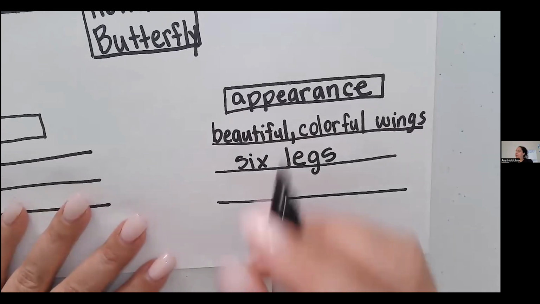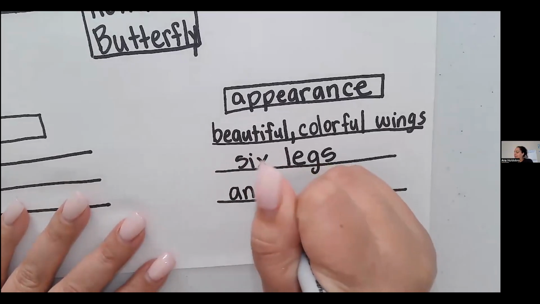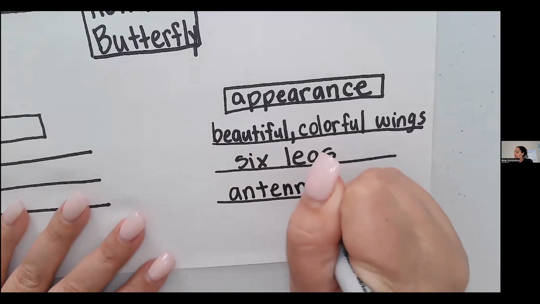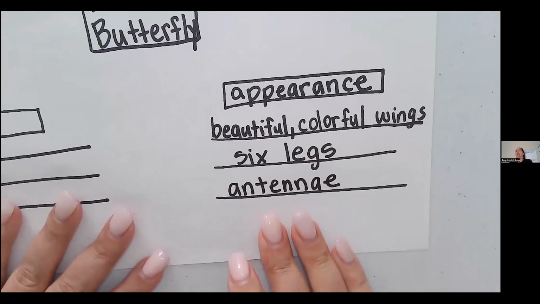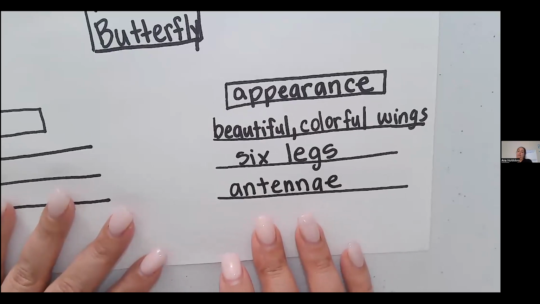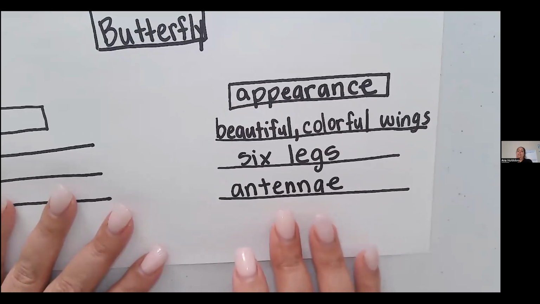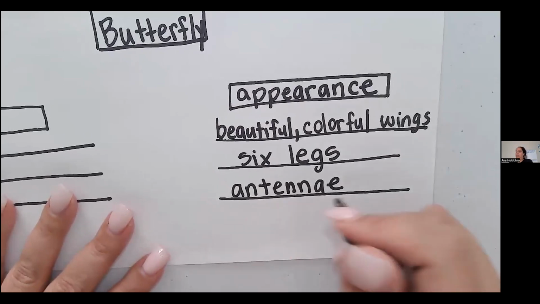And the last thing I put were antenna. I had to look this up because of the spelling, because it sounds like antenna. Like when I was young, a long time ago, we had antennas on our televisions, but not anymore, right? But this is a different spelling, a different type of antenna.